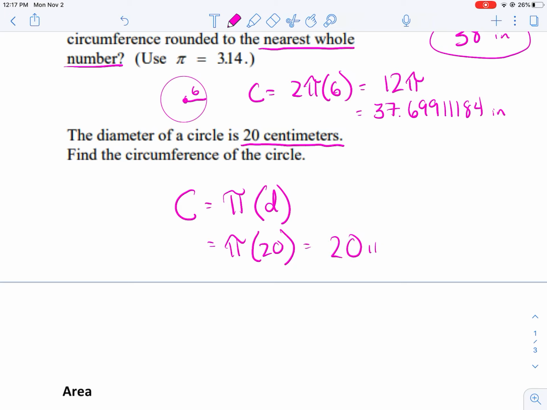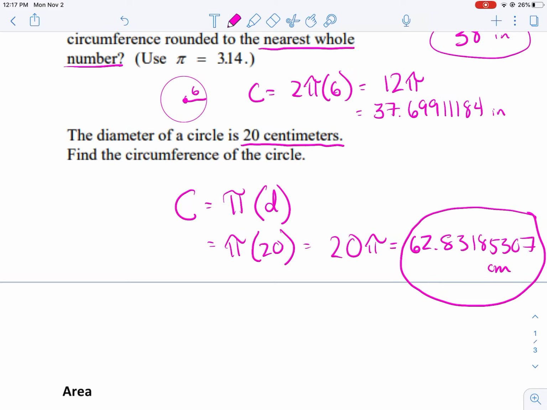So you get 20 pi, which is equal to 62.83185307 centimeters. And that is how you find the distance around the circle, or better known as its circumference.